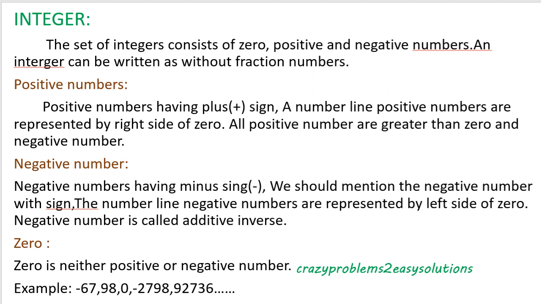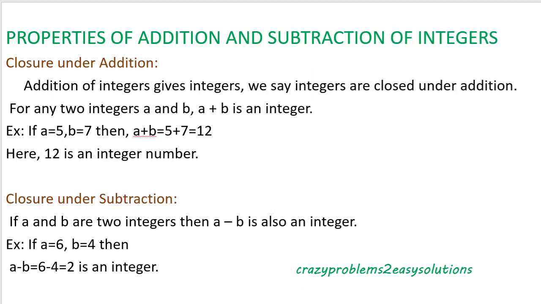And 0 is neither positive nor negative. All the numbers without fractions and without decimals are called integers, and integers are denoted by Z.